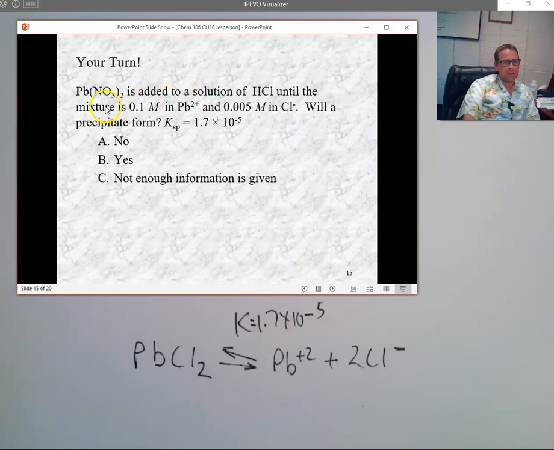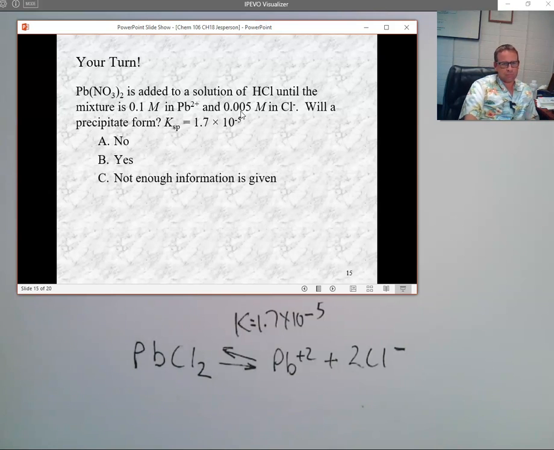to a solution until the mixture is 0.1 molar lead and 0.005 molar chloride ion. So that was nice of them. It's a little bit simpler. They just give us the concentration of the lead and the concentration of the chloride ion.